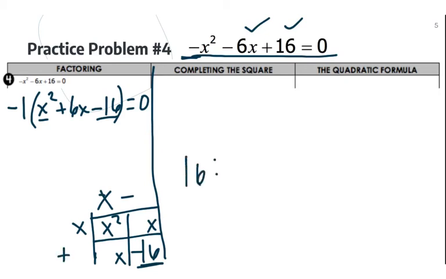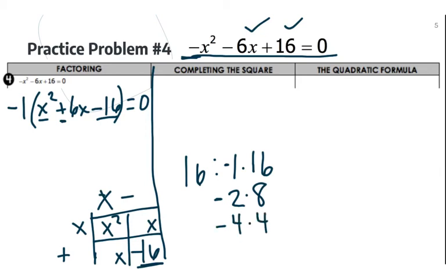So now, let me see. The bigger number should be a positive because when I combine them, I need to have a positive. All right, so 1 times 16, right? And the bigger number should be positive. And then 2 times 8. 3, no, 4 times 4.